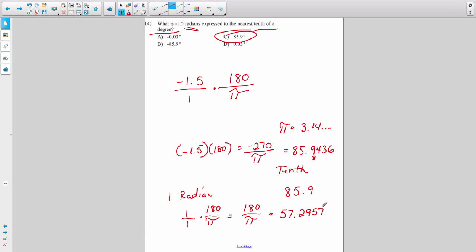So just between friends, let's call this 57.3 degrees. That's actually a radian. And if you notice, about 3 of those would be roughly 180 degrees. So it is possible just to have radians. You don't always have to have pi radians. Be wary of that. Okay, cool. Thanks for sticking with me on that one.